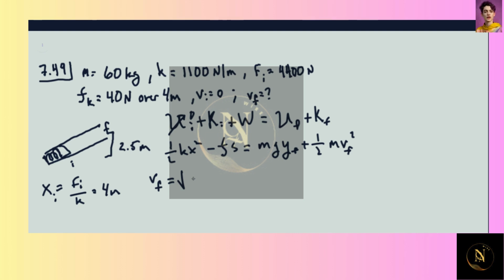So I have 1 over m here, say, times k x squared minus 2 F s minus m g y final.